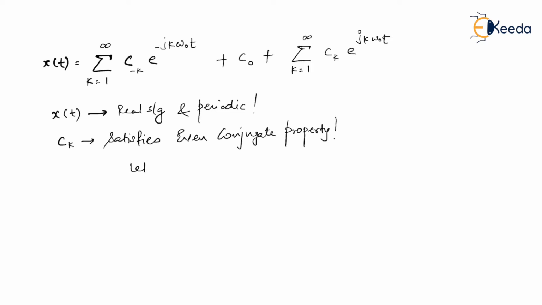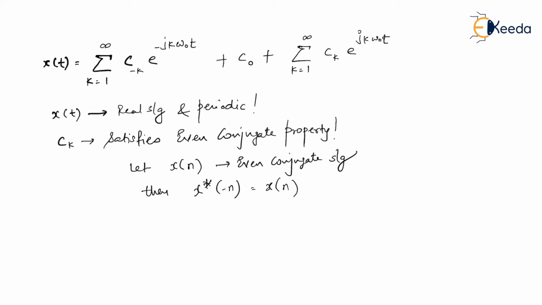Now let me remind you, if x of n is an even conjugate signal, then x conjugate of minus n is always x of n. That is how you express an even conjugate signal. But I don't have to express it in terms of x of n.